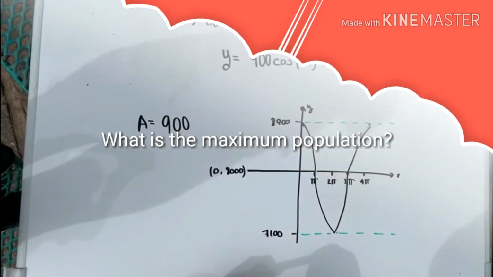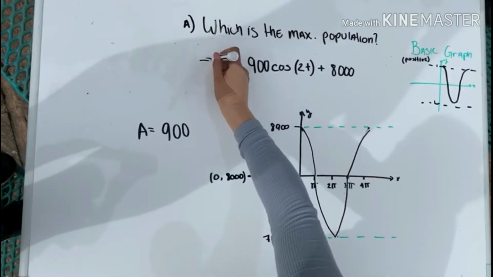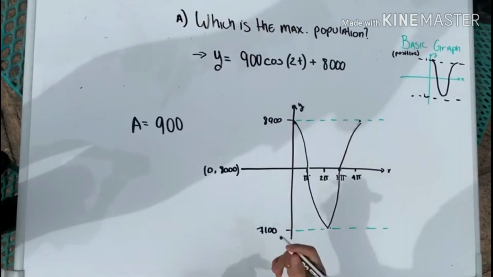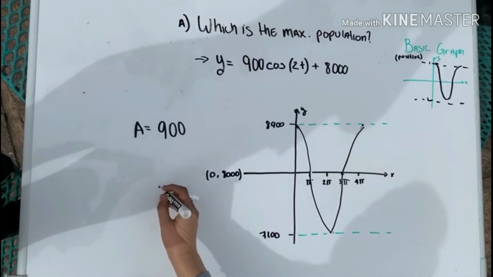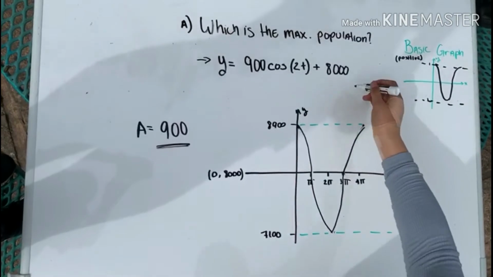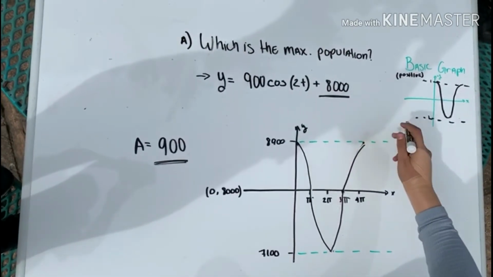One of the questions that we were asked, given this function, is which is the maximum population, and we determined that the maximum population would be 900 because we're seeing here that this is a constant, and that's why we started at 80,000.